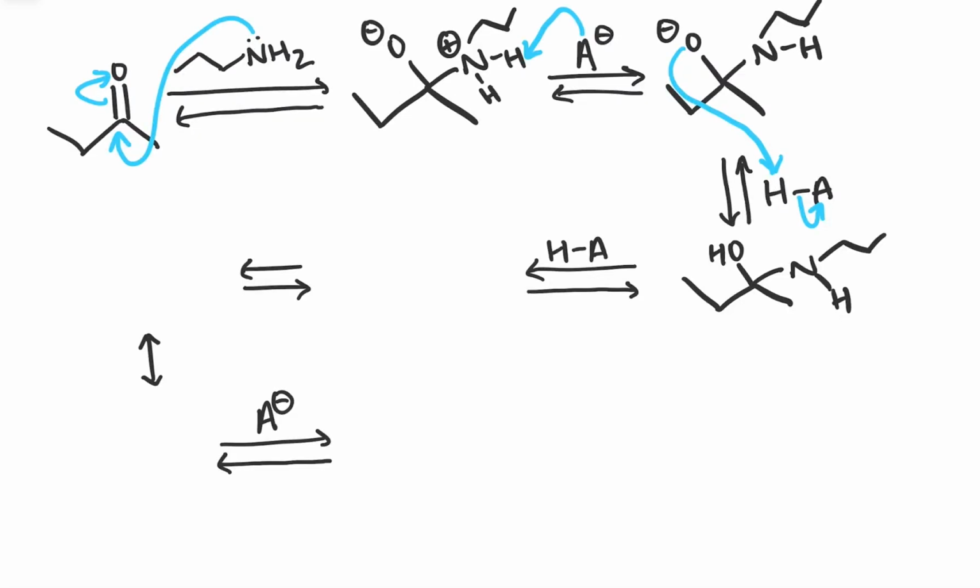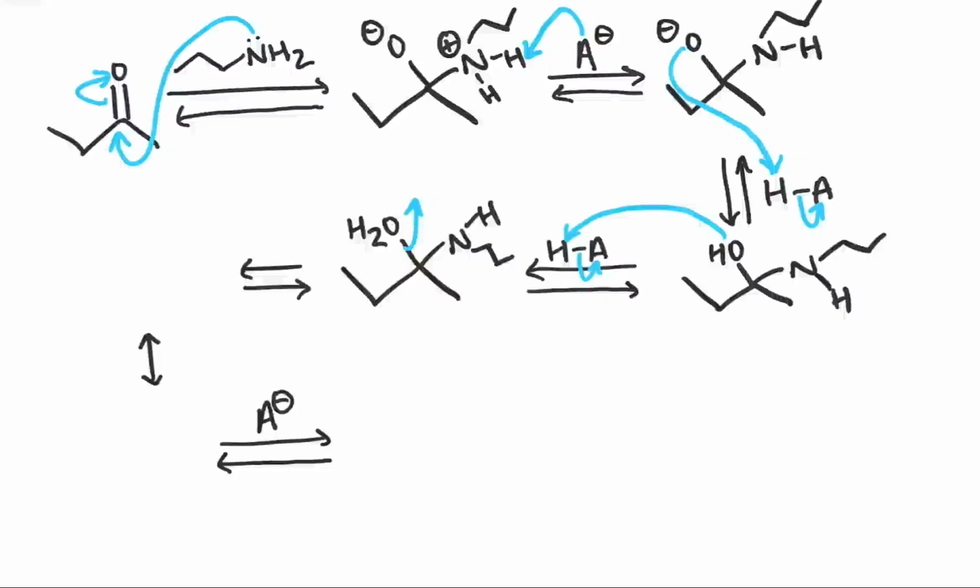Next we are going to add more acid, which protonates our oxygen again, forming water. And if we remember anything about water, water is a really good leaving group. So once we have formed our water, and we still have our amine, that water is going to leave our molecule.